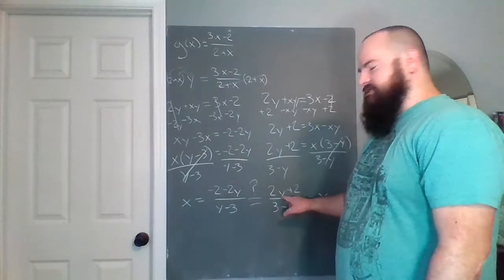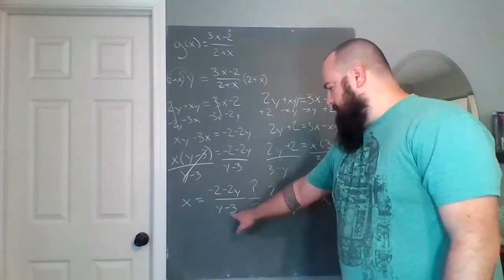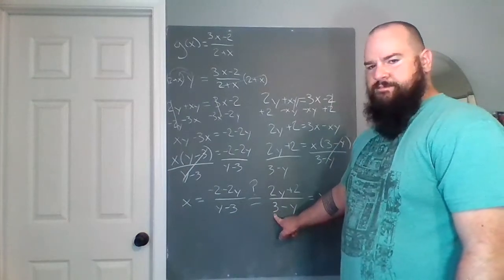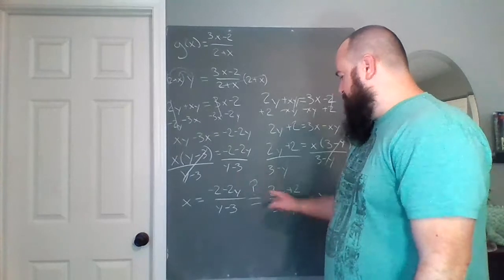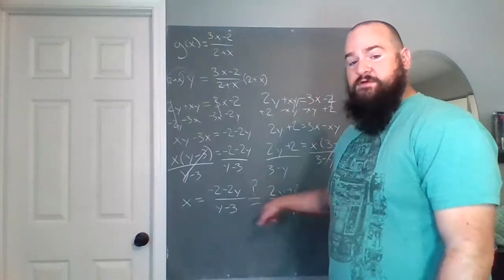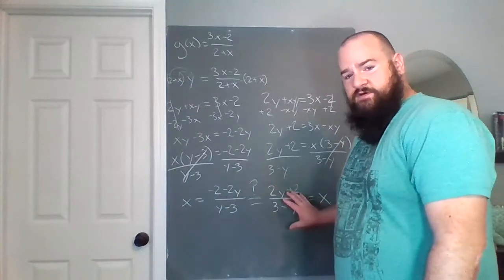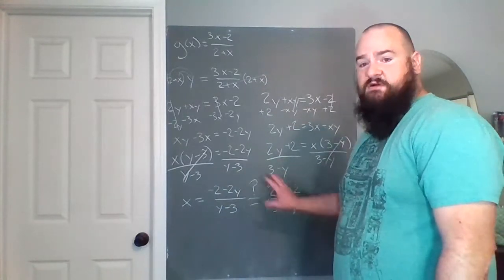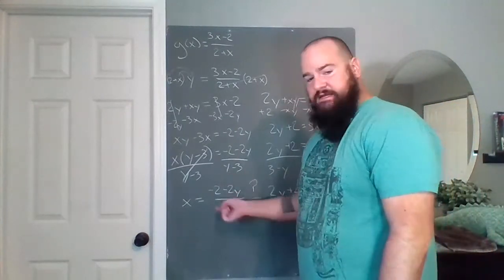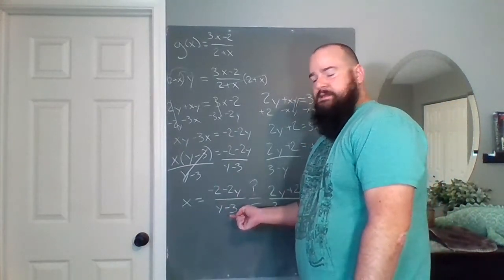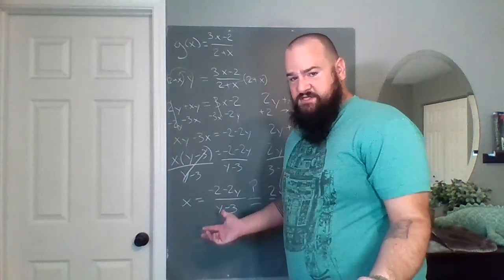Negative 2y, positive 2y, positive y, negative y, negative 3, positive 3. So for every single term, they're all the same terms, right? We have a 2, a 2, a 2y, a 2y, a y, a y, a 3, a 3. All of them here are the opposite signs as they are over here. And so these are the exact same thing. The difference is essentially if you multiply this by negative 1 over negative 1. You're just changing all the signs, but you just multiplied by 1, so you didn't change anything.